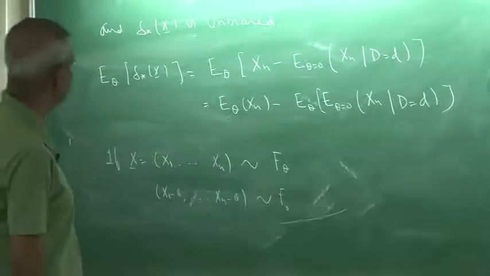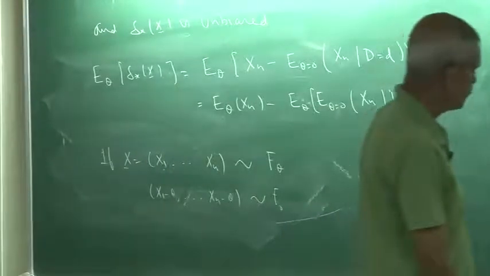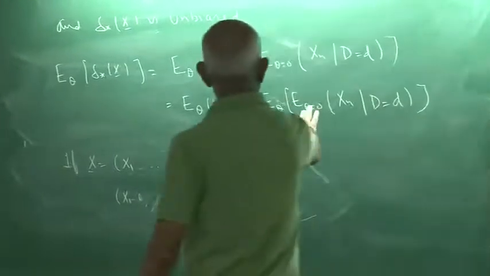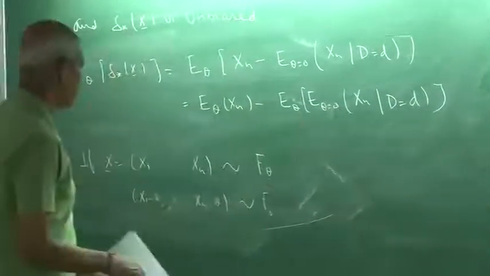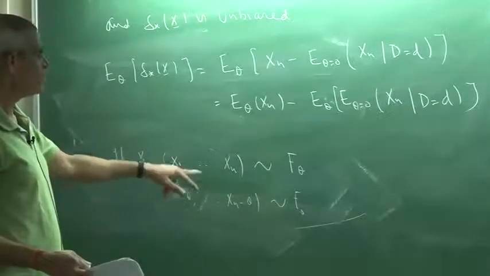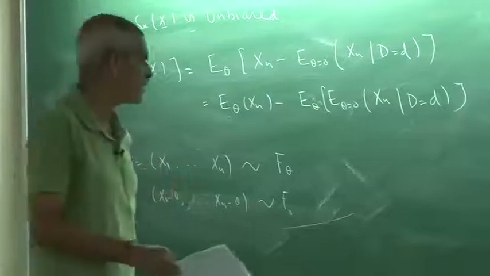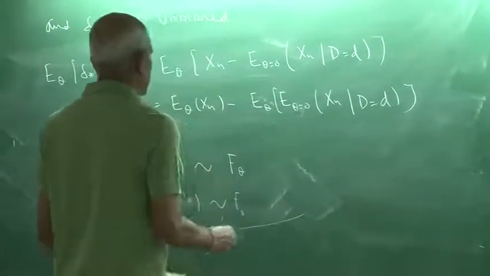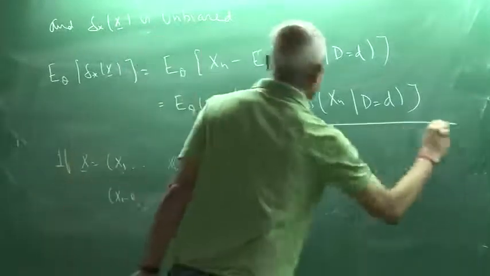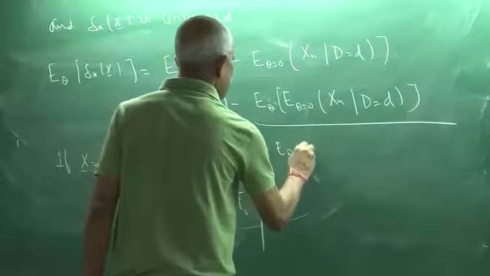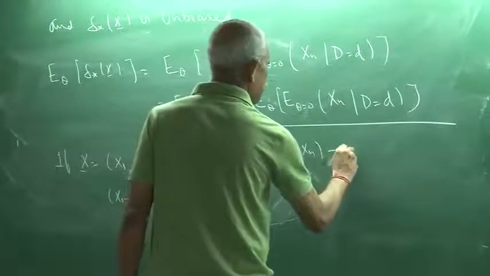So what does that mean? It means that if you have to change expectation under 0 to expected value under theta, what you do is you replace each xi by xi minus theta, and then you can put it over here as E theta. So this is the same as E theta of xn minus E theta.